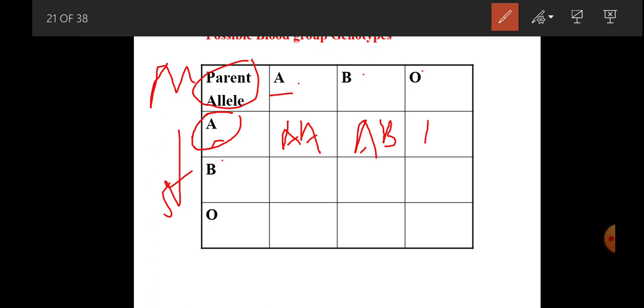And then we have A and O. In this particular case, the child is going to be blood group A because O is recessive. So this applies here. We have AB, A and B, the codominant genes. We have blood group B, both homozygous dominant.